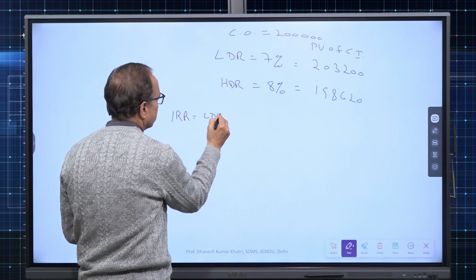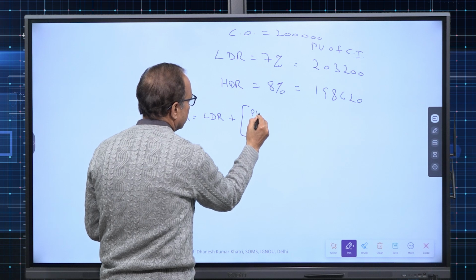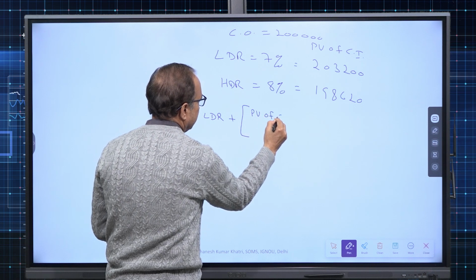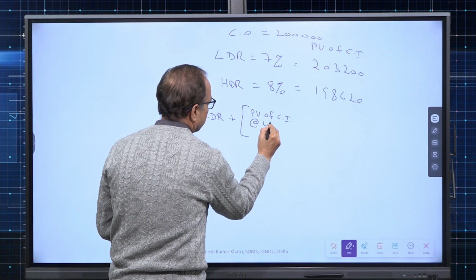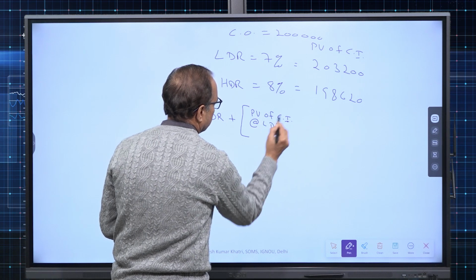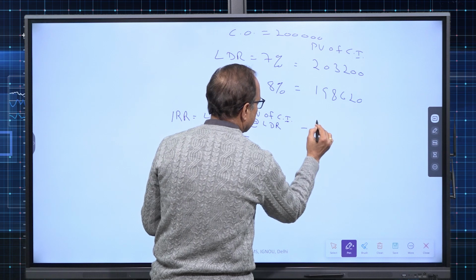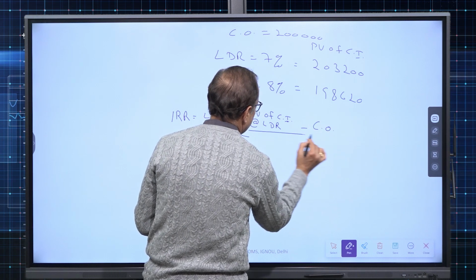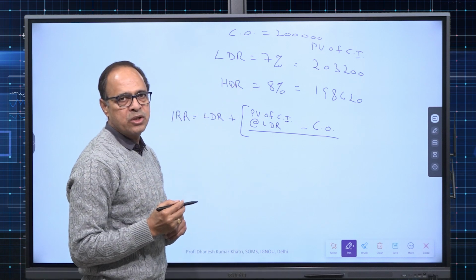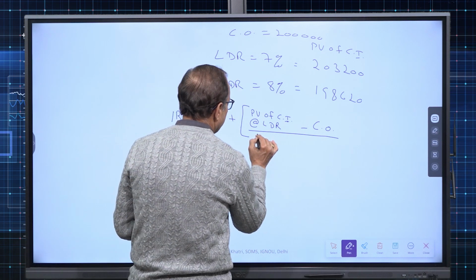LDR plus PV of cash inflow at the rate of LDR minus, either you can say target or cash outflow. You can say target or cash outflow, hardly matters, because our target is the initial cash outflow.